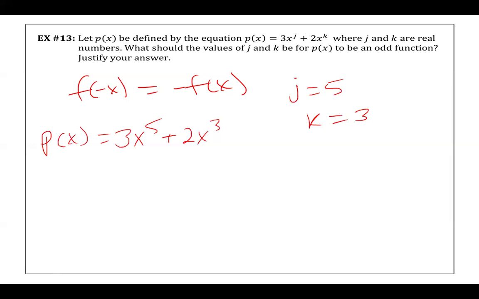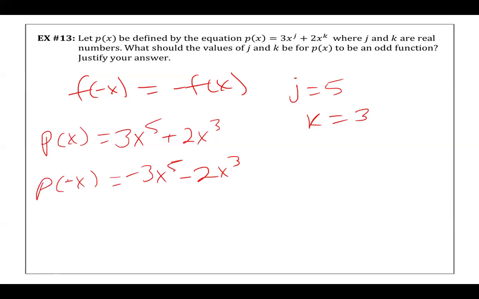If I plug in a negative x, then it would come out as a negative 3, right? If I plug here, this will come out as a negative 2. So p of negative x would equal negative 3x to the fifth minus 2x to the third.